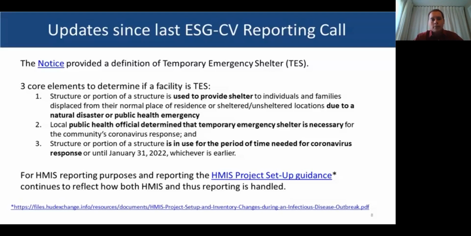The second requirement: local public health officials have determined that the temporary emergency shelter is necessary for the community's coronavirus response. If your documentation hat is on as a recipient, the way to think about this is, has your public health authority made a public statement, either written or oral, that confirms that congregate-style facilities need to have special accommodations? And I use that very broad term. Very rarely are you going to hear a public health authority say, all these shelters for the homeless must be non-congregate, right?